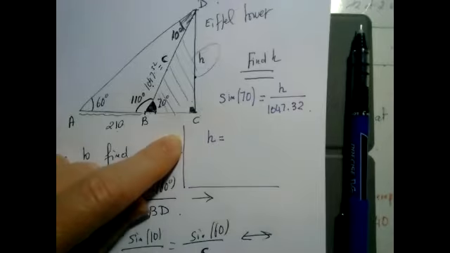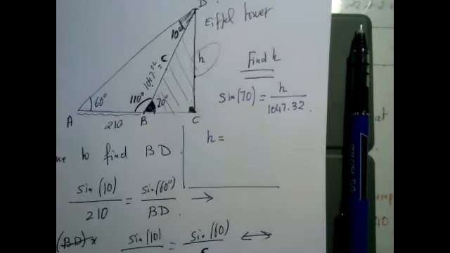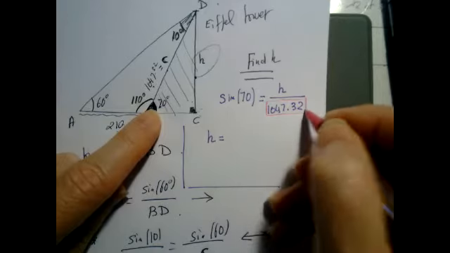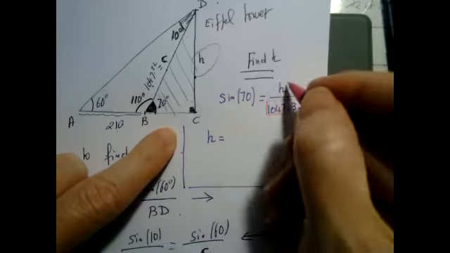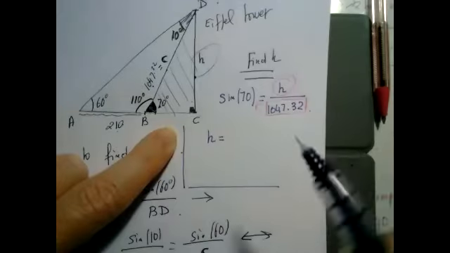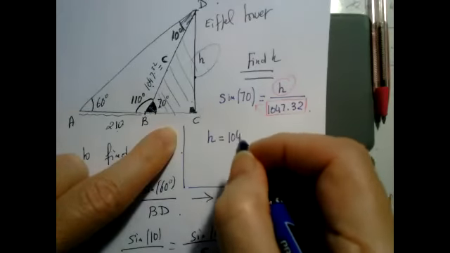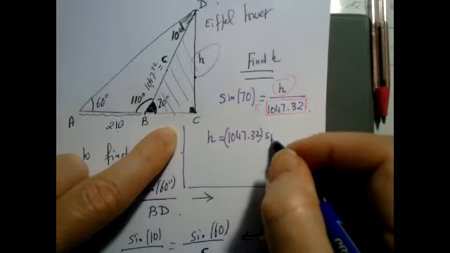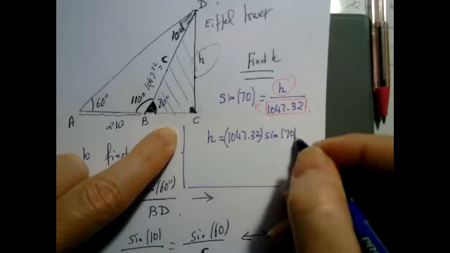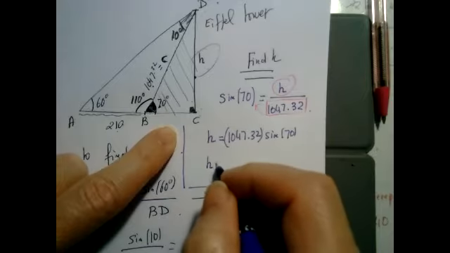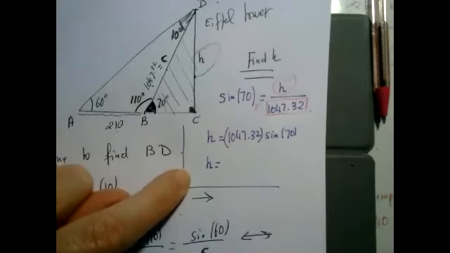This is my unknown right here, so I'll get h equal 1047.32 times the sine of 70. Then finally, I just plug those into a calculator and evaluate the height.